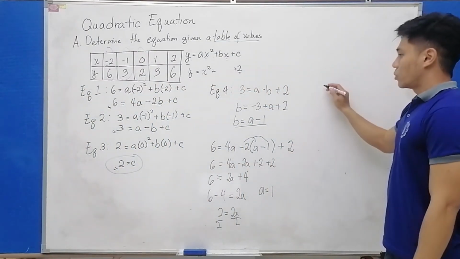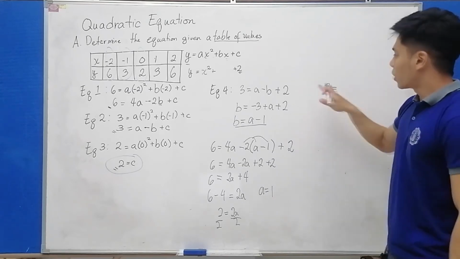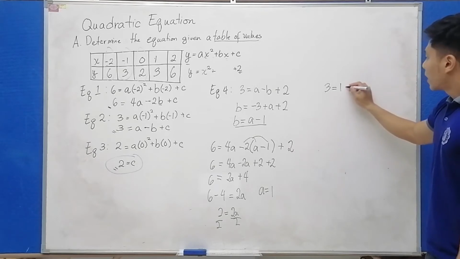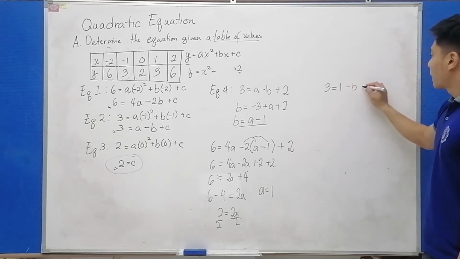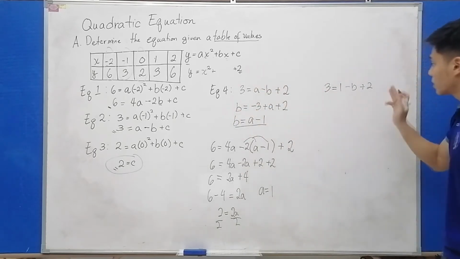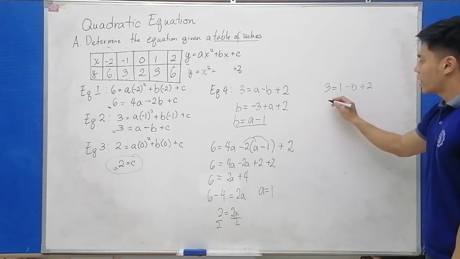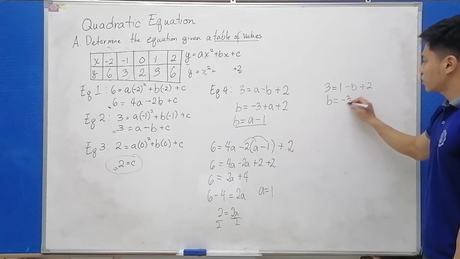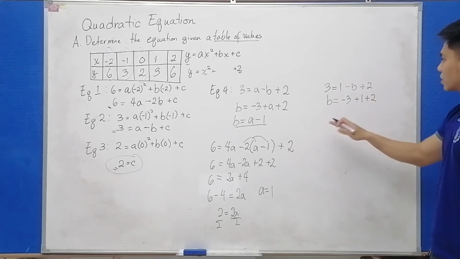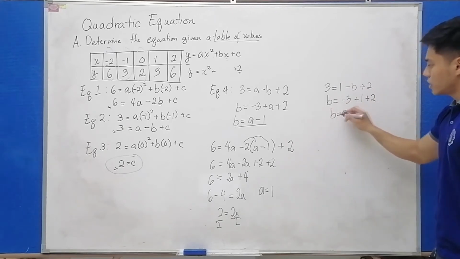So we have 3 is equal to a is 1, so we have 1 minus b plus 2, because c is 2. Okay, so transpose b and transpose 3, we have b is equal to negative 3 plus 1 plus 2. So it cancels out, simplify, b is actually equal to 0.